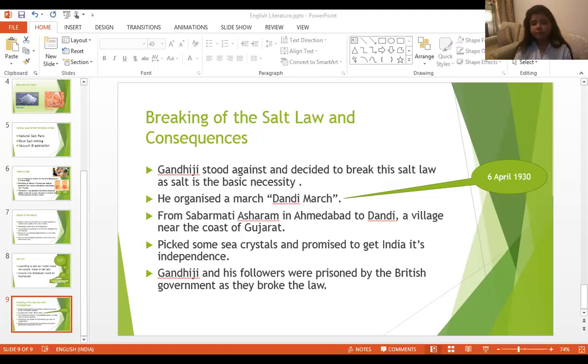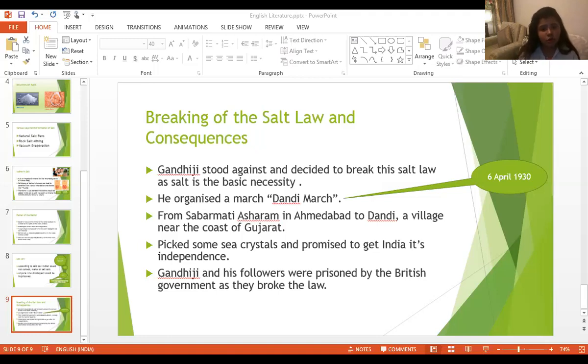And what happened because of this? When the tax was put on salt, the price of salt just increased, and consequently the poor people in the country could not buy salt. It was so expensive, and the people at that time were not earning well, so the poor people just stopped using salt.